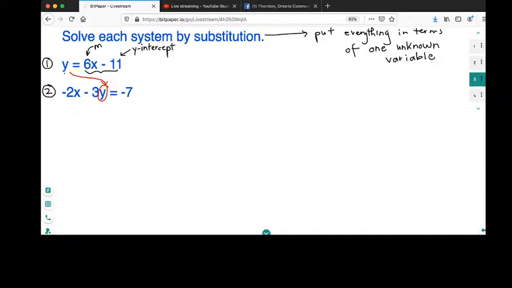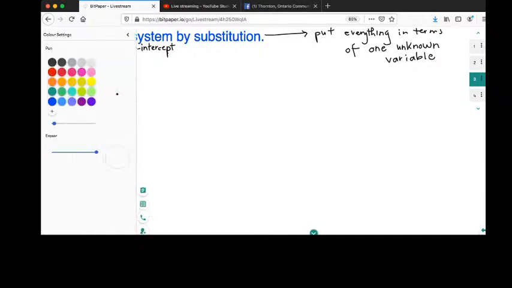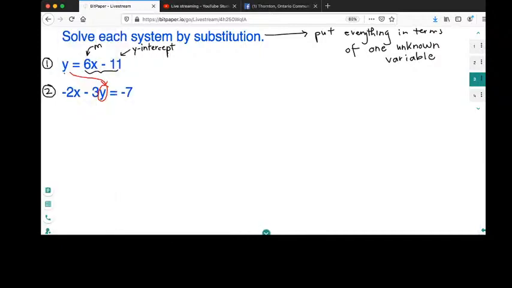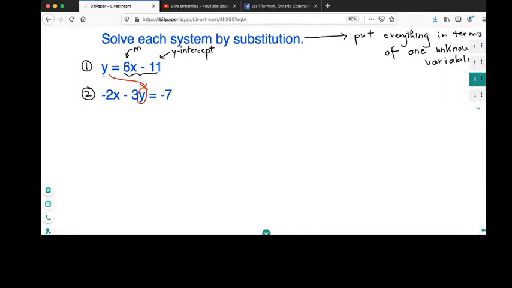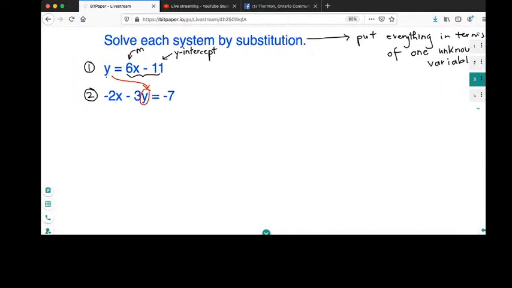And how that's going to look is as follows. So let me move this over so everyone can see a little bit better. Here I have my equation, it's negative 2x minus 3y equals negative 7. But instead of saying y, I'm going to say 6x minus 11, because I know that 6x minus 11 equals y. Okay? So this is how this is going to look.